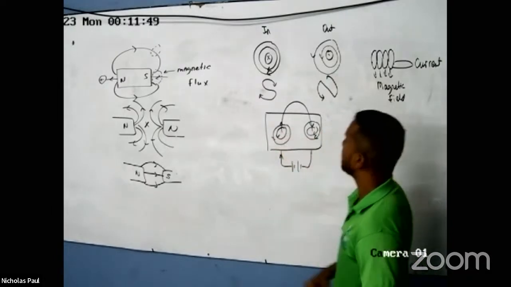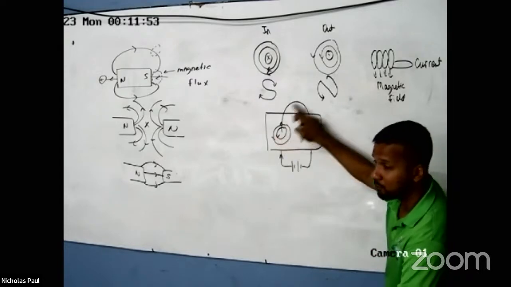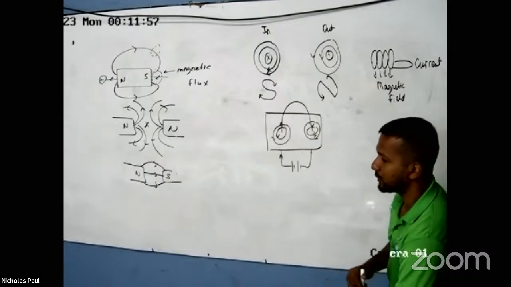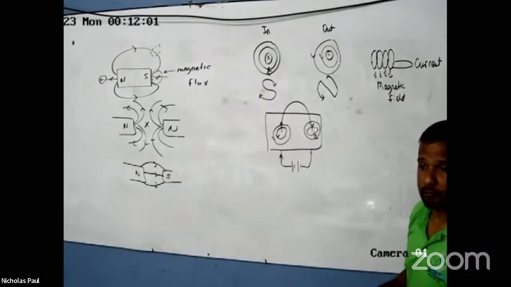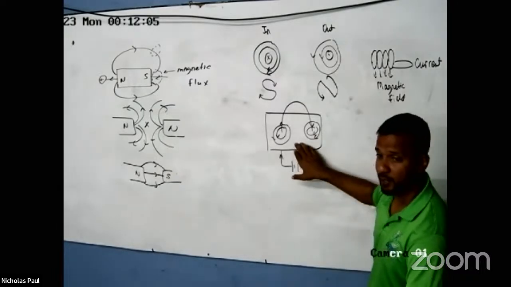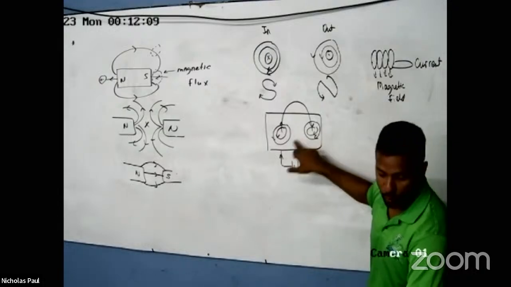So if I have a flat circular coil, that is one coil alone, the field lines look like that. Are you okay with that? Everybody okay with that? So you have to be able to draw the field lines. That's a flat coil.